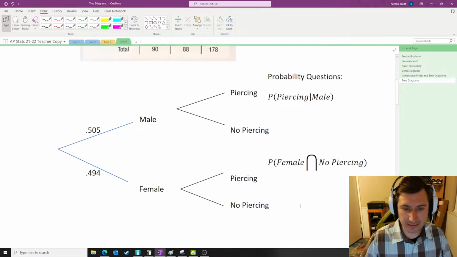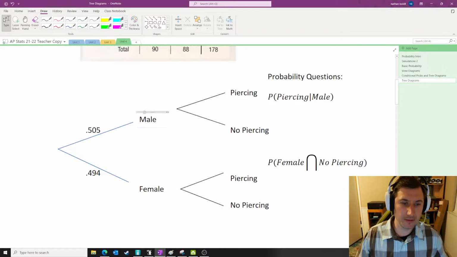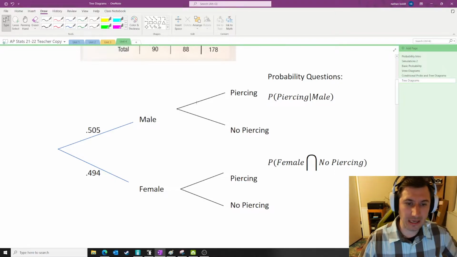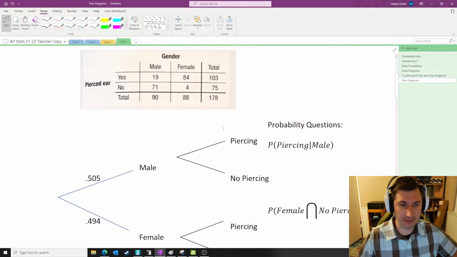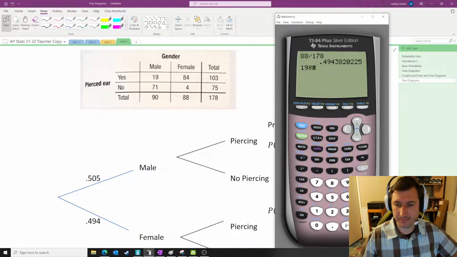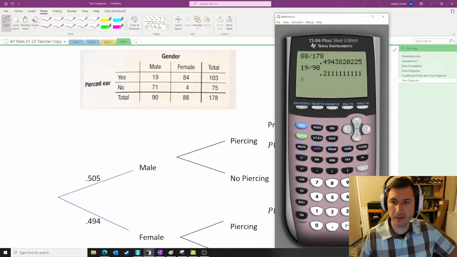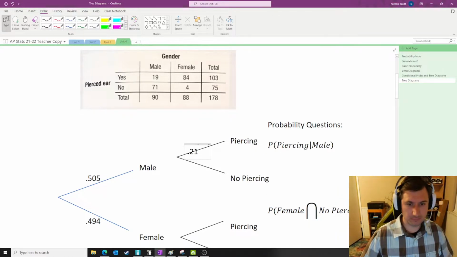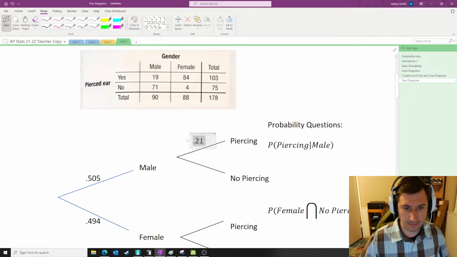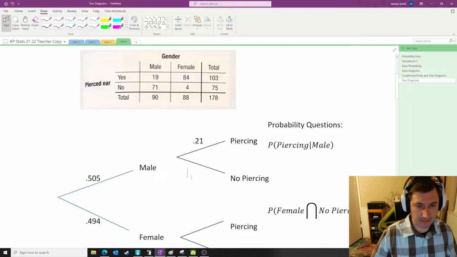A little tedious. So of the males, how many have a piercing and how many do not? Hopefully you can see that this is a conditional probability here. So for the yes, it is 19 out of 90 this time. So that is 0.21. And the rest here you can get easily because that's 1 minus that.